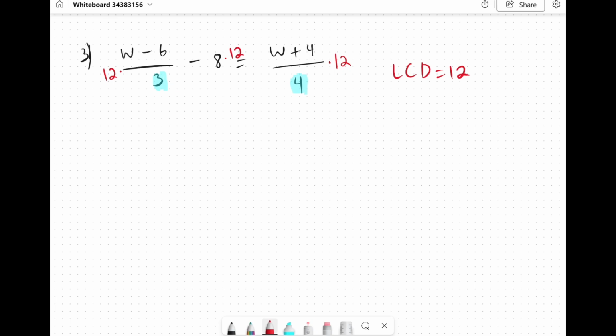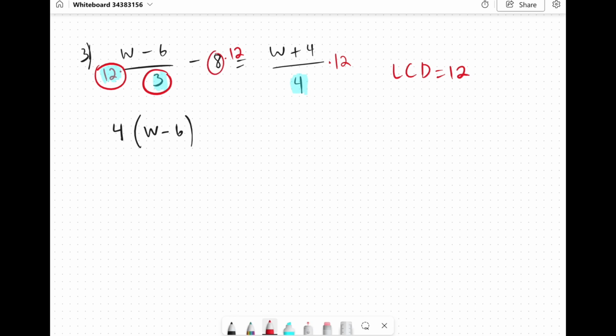Before I start multiplying, this is what I'm going to do. This 12 gets divided by this 3 before the 12 starts multiplying the tops. So 12 divided by 3 is a 4. And that 4 will multiply the W minus 6 that was on the top.